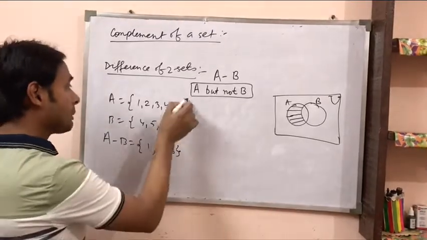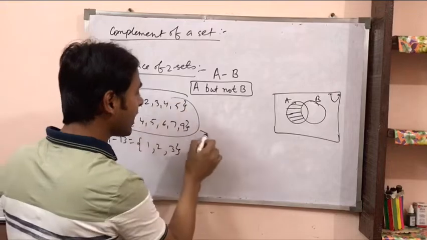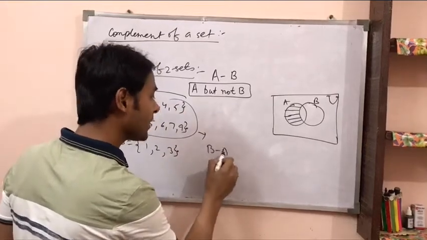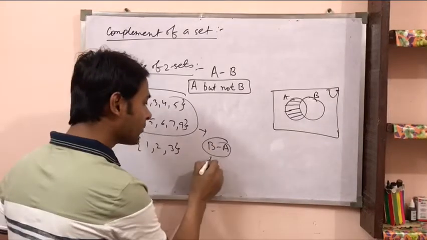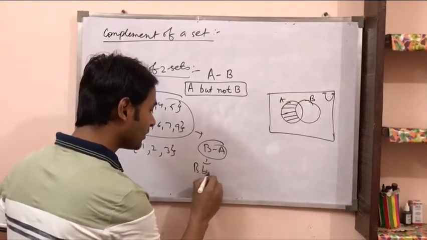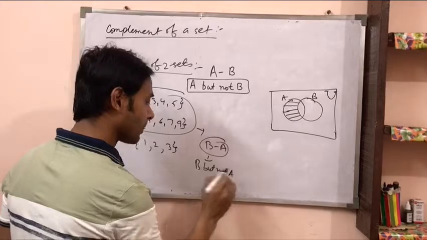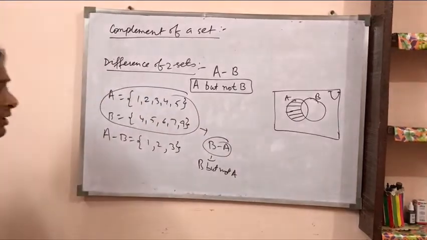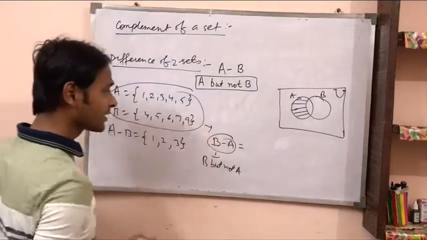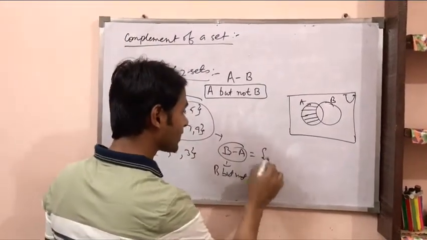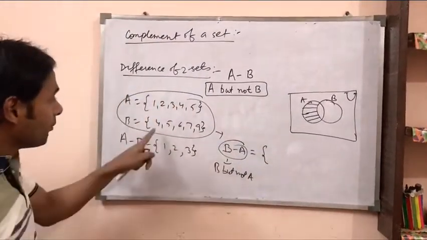Now suppose by the same example we need to find B minus A. भाई A minus B होता है, A but not B. तो B minus A क्या हो जाएगा? B minus A will be B but not A. B आएगा, A नहीं आएगा.